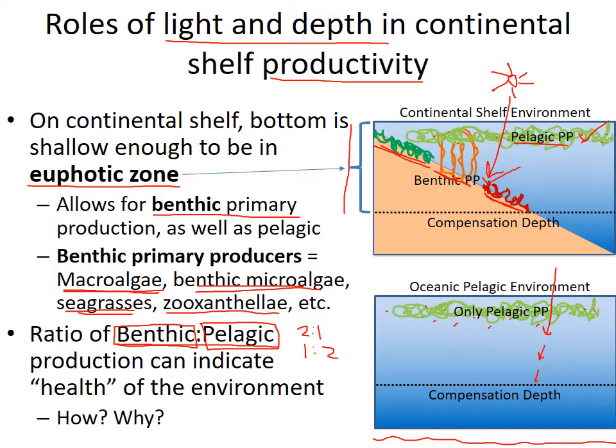So a clear water ecosystem with lots of plants on the bottom would have a high benthic to pelagic production ratio, and a murky water ecosystem polluted with excess nutrients would have a low benthic to pelagic primary production ratio, and that is how it indicates the health of the environment.